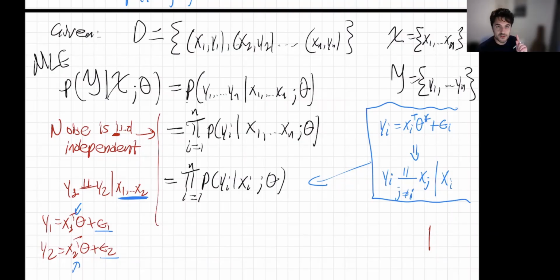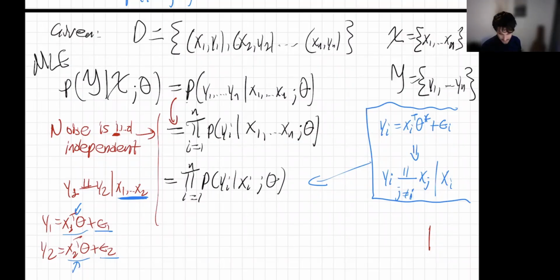Remember, conditioning on a specific value for X1 and a specific value for X2 means that this is not random and this is not random. So the only randomness remaining is in the noise. The noise terms are assumed to be independent, so the Y's are independent as well. That's how we went from this first line to the second line.